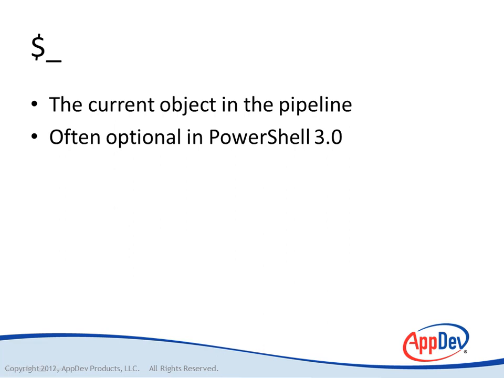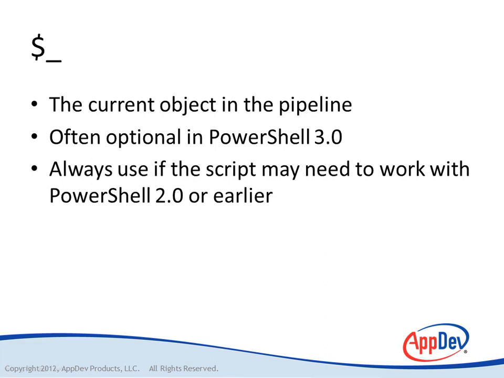Not always optional, but often optional. The thing is, it's not optional in PowerShell 2. So if there's any chance that the thing you're writing may need to work with PowerShell 2.0 or earlier, and you have chosen to leave this off in one of the optional scenarios, you should probably reconsider that decision because your script won't work in an earlier version of PowerShell.